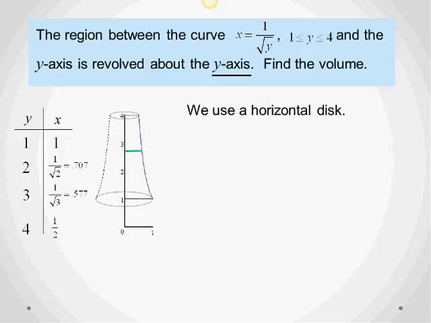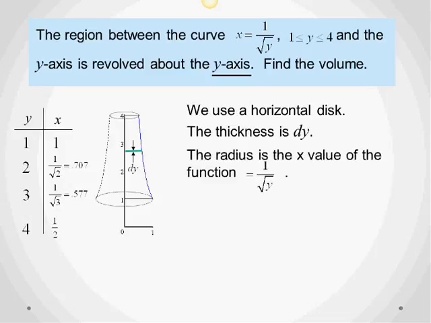That's going to create a horizontal slice of bread. So the thickness of your slice is going to be your change in y, or dy. Now everything's going to be integrated with respect to y. The radius is the x value of the function. Hopefully you can see that right here. The radius is that distance from the axis to the function.